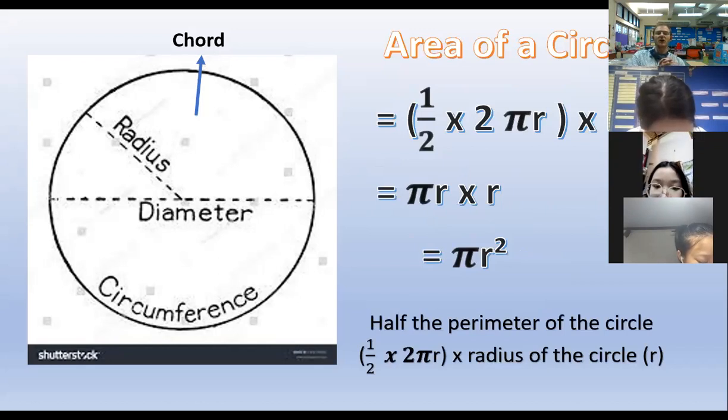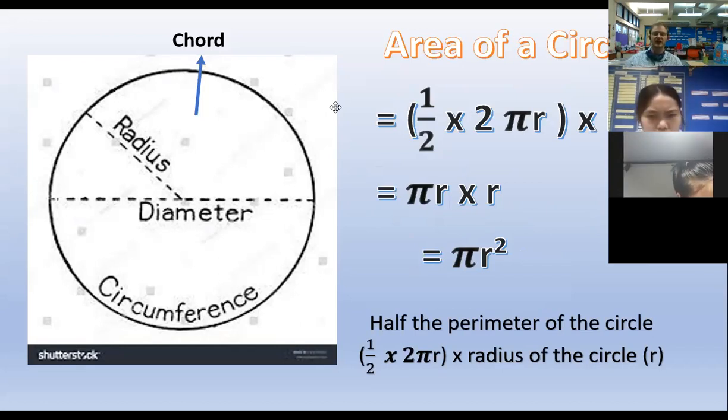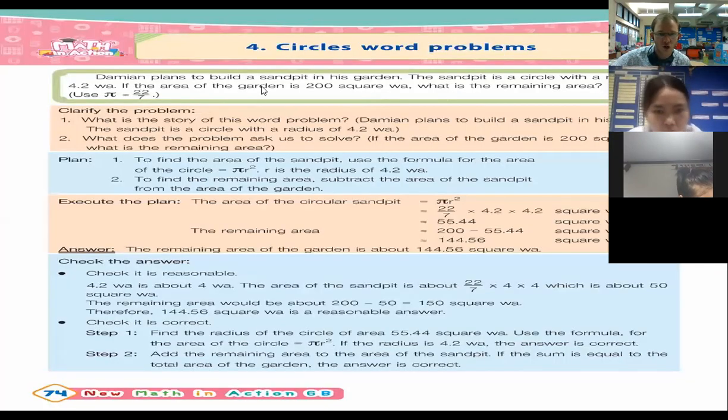The second one we looked at was the area of a circle. The area of a circle is also a very simple formula: pi r squared. In essence, it's pi times the radius times the radius. When we do the area of a circle, we will see that the calculations become quite big, and we have to calculate a lot.